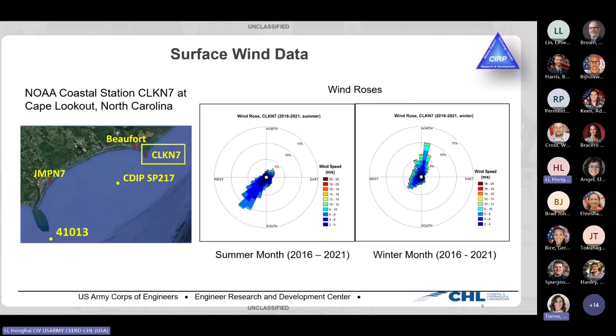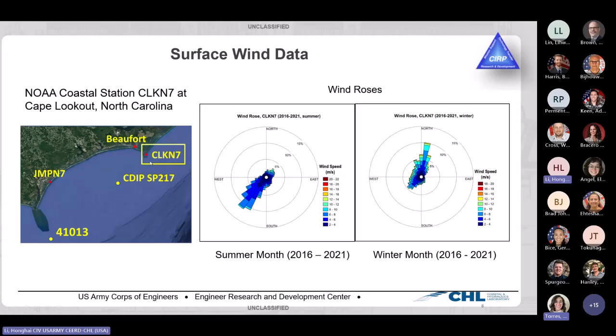First, we collected wind and wave data between 2016 and 2021. We picked a representative year for those 2 months, and then looked at the seasonal change in wind and wave conditions.